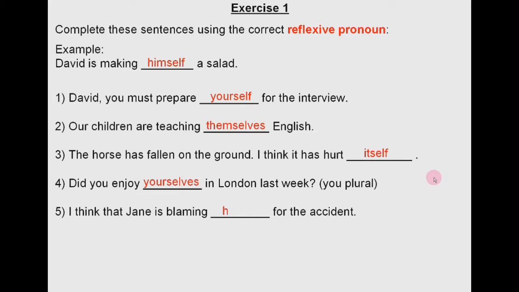The answer is: I think that Jane is blaming herself for the accident. Question 6. The answer is: we helped ourselves to the buffet. We helped ourselves to the buffet. So this is the first person plural, ourselves.